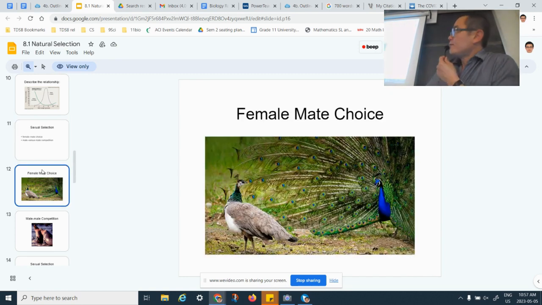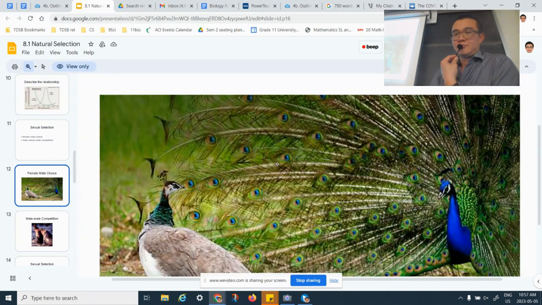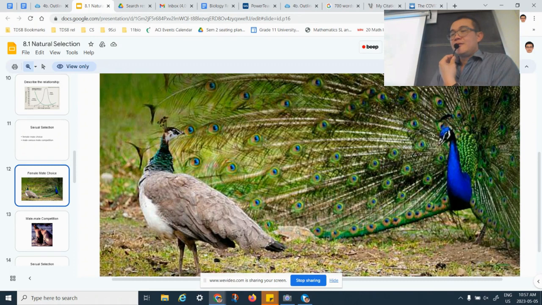Okay. So let's look at these two peacocks. Which one is male? Which one is female? The green, blue, red one is the male. This one is the male and this one is the female, which makes sense because in most animals, it is the female that chooses the mate. So in this case, most males would be very colorful, very flamboyant. It's to attract the mate.